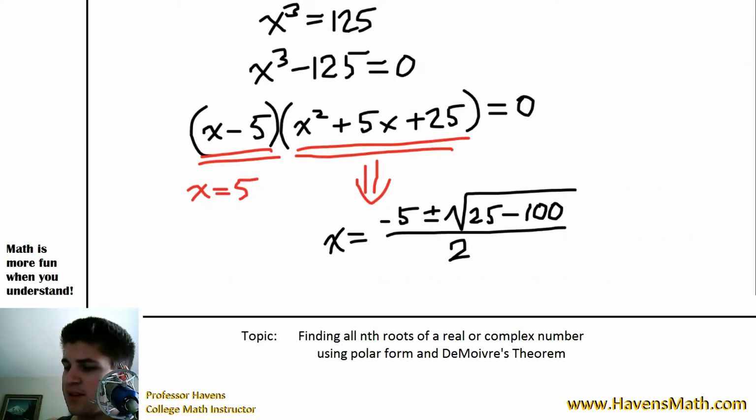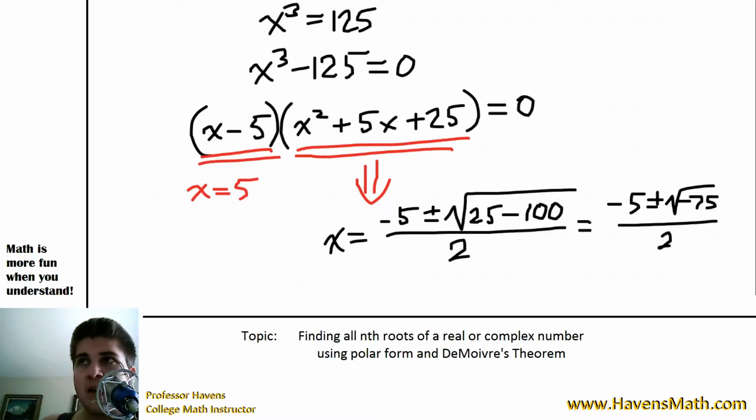If we simplify this a little bit, we would get minus 5 plus or minus the square root of negative 75 over 2, and we could simplify this. Some of you may already be realizing this is very similar to those other roots we got just a few minutes ago.